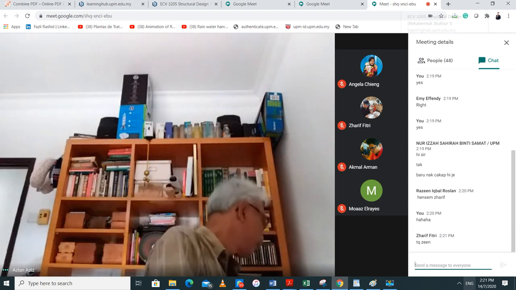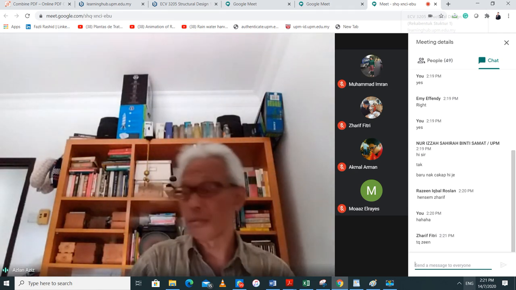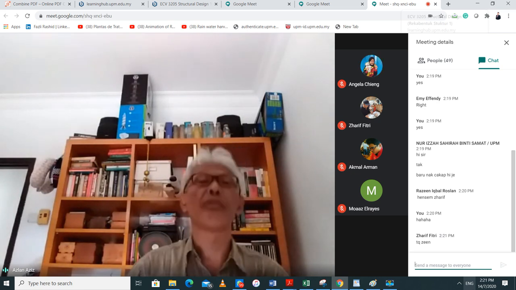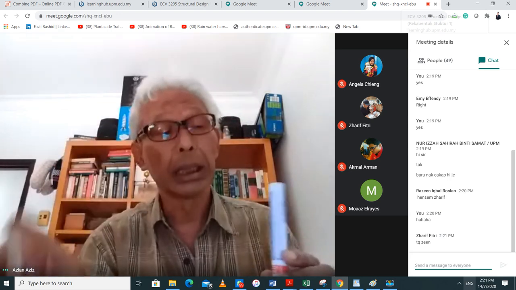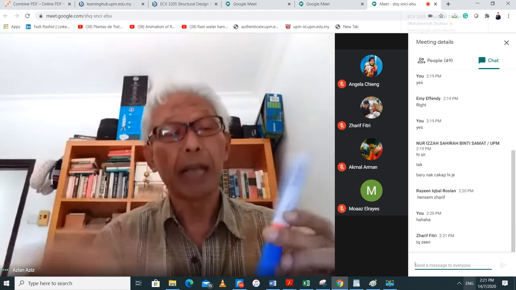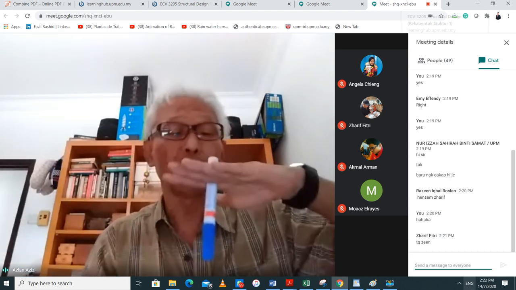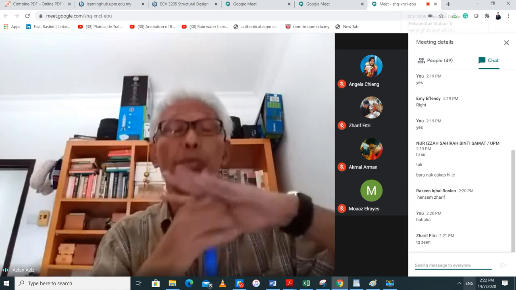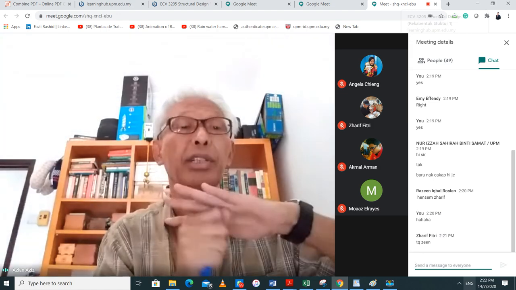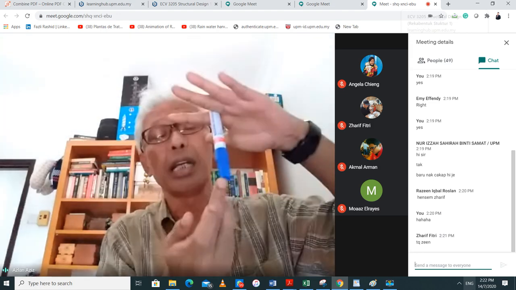Just to remind ourselves again, if this is the pile and I stick it into the sand, we have shaft friction around the shaft, and then at the bottom here is the tip.